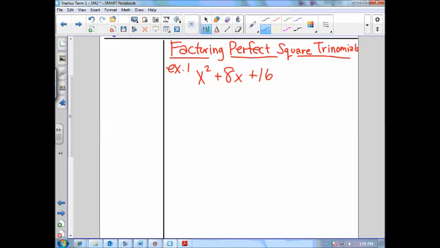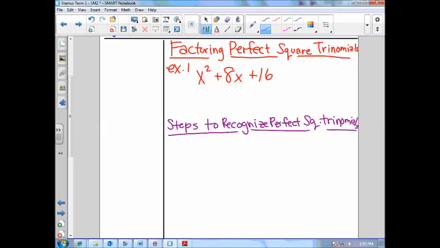Okay, so to recognize first that it qualifies, skip about 2 lines and put steps to recognize perfect square trinomials. Steps to recognize perfect square trinomials.